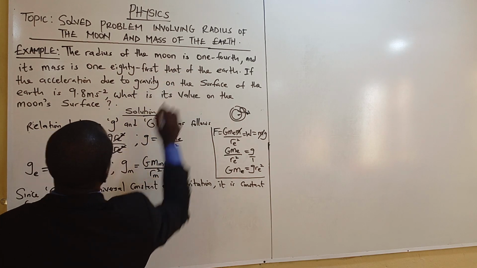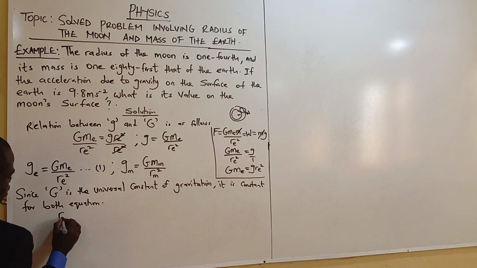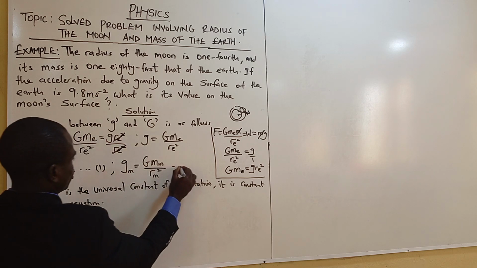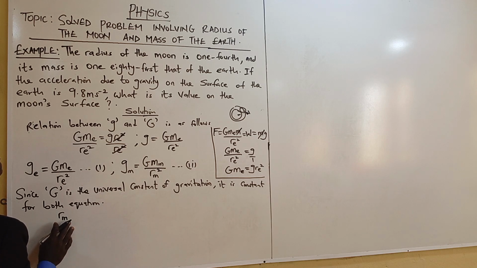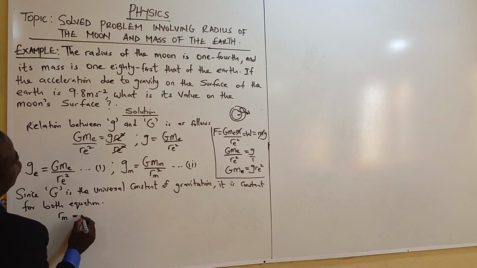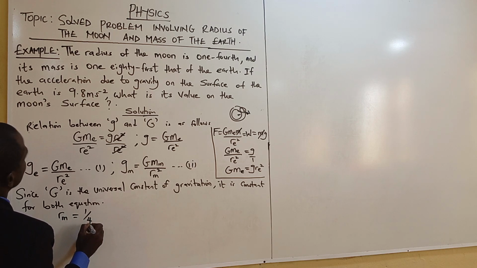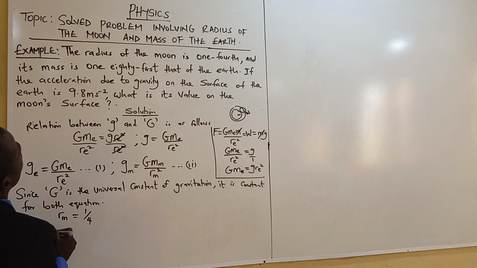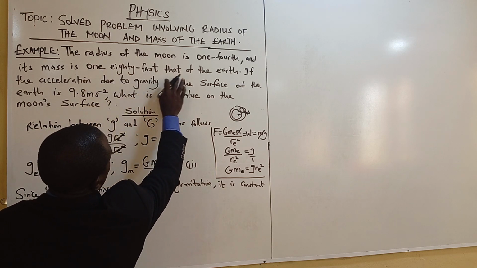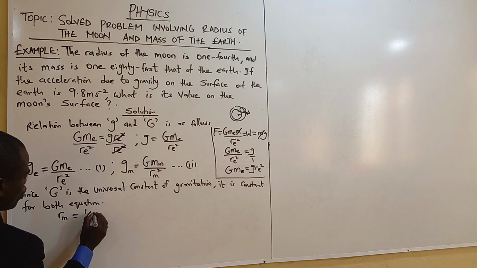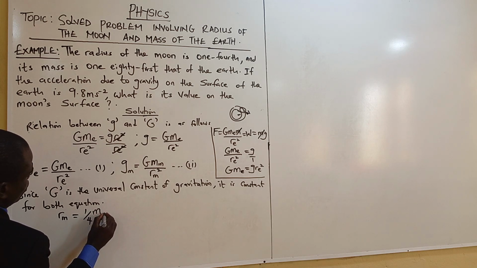Radius of the moon, just write RM. RM is 1/4 of the radius of the earth, and its mass is 1/81 that of the Earth.